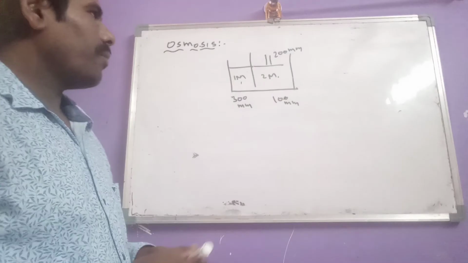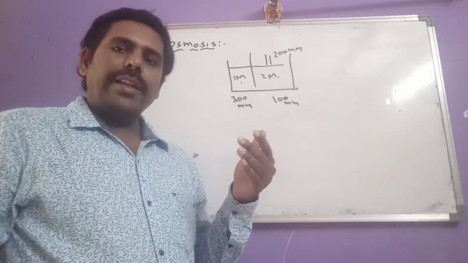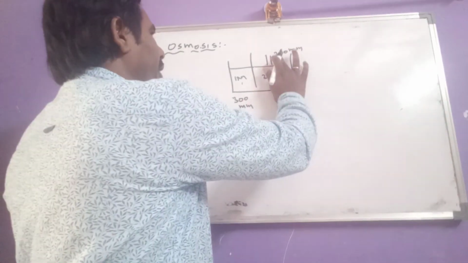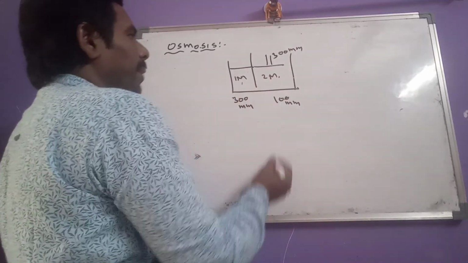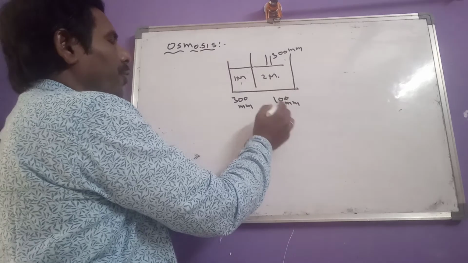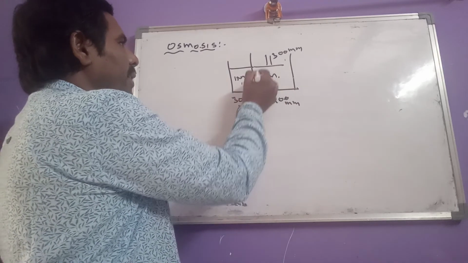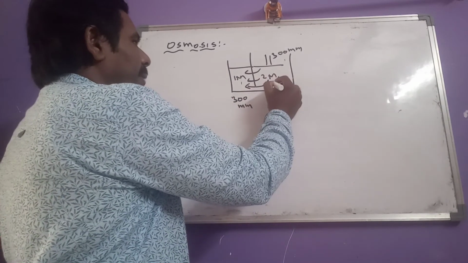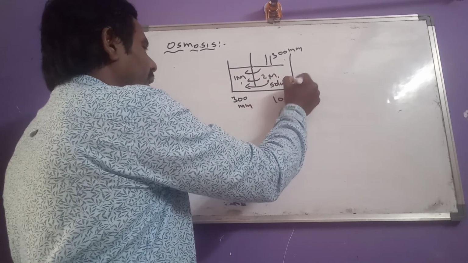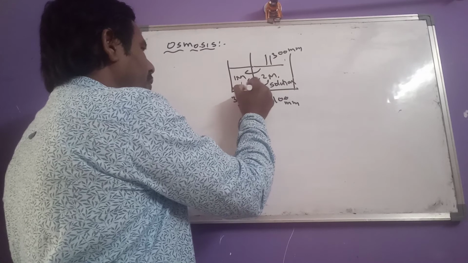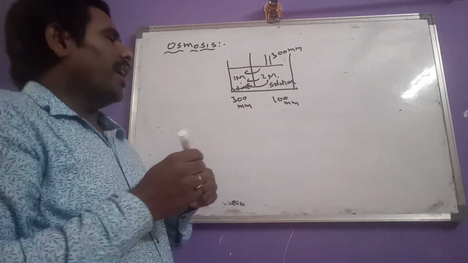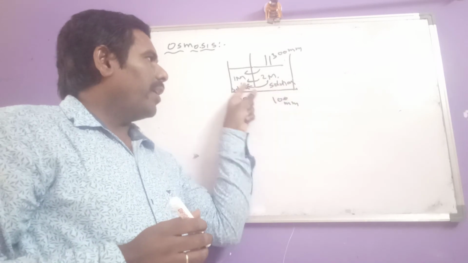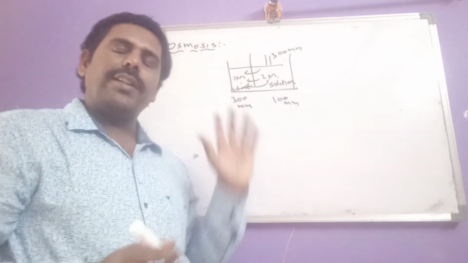Okay, then if you use more than the osmotic pressure, for example, if we use 300 plus 100, that means 400, now the process takes place in the reverse direction. Let it be the solution and let it be the solvent. Now the solvent present in the solution moves in the reverse way into the pure solvent side.